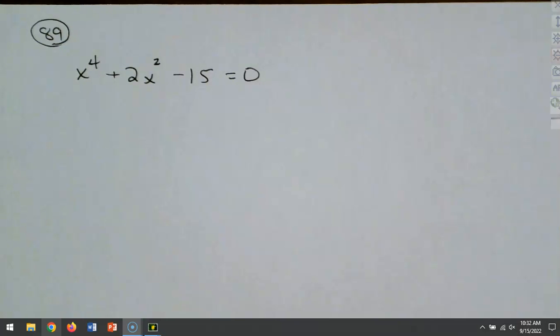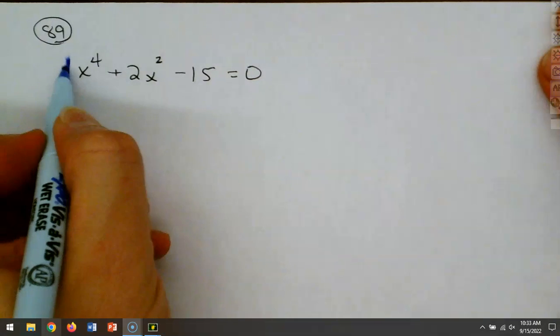All right, but the only difference is, instead of it being a square, now it is a power of 4. So we need to solve this like we would any other trinomial, but we're going to get 4 solutions at the end. It's going to factor out and work like any other trinomial. So the first thing we do, just like any other trinomial, is set it to 0.